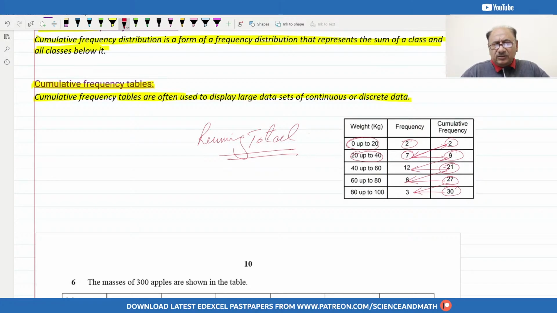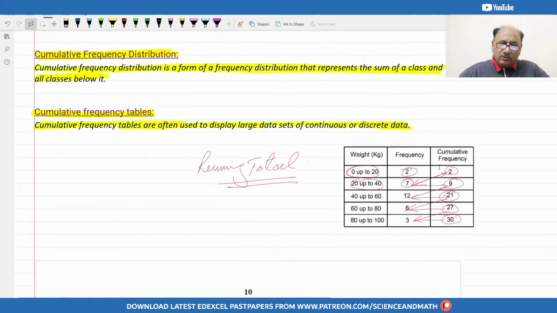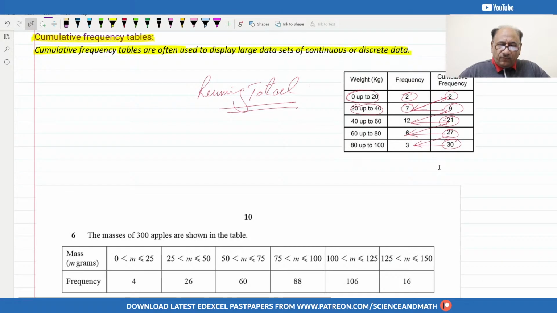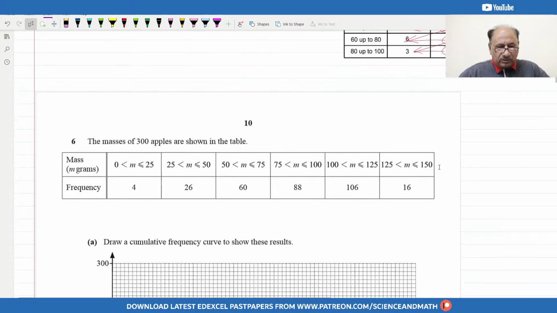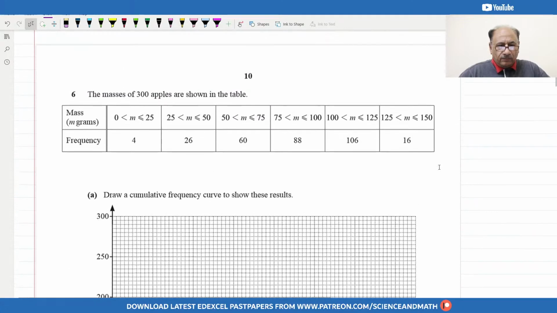Now this is basically a short, very crisp explanation of the cumulative frequency curve in a few sentences. We will discuss how questions are coming. Questions are coming like this one.